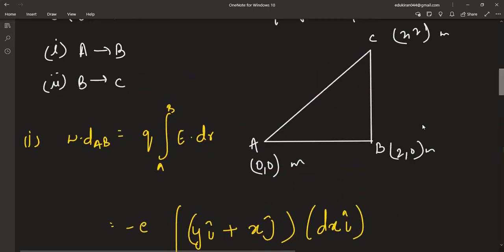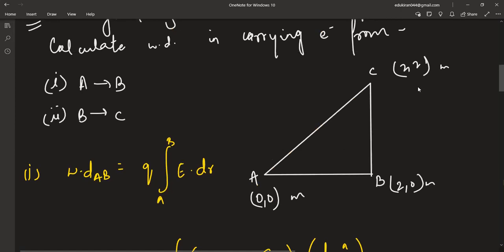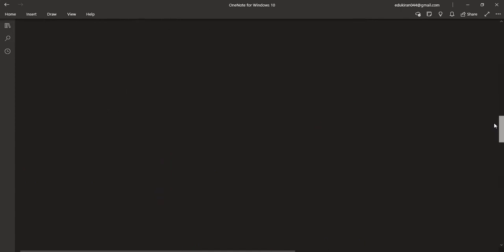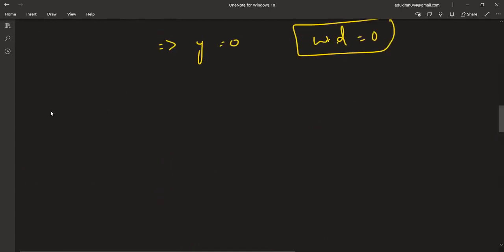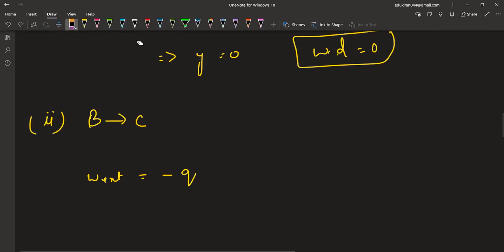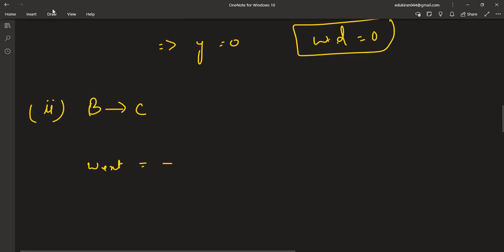Coming to the second part, from B to C, again the same thing we will do. See here. The second part is from B to C. So work done by the external force will again be minus q, or we can write it as minus e as well. Minus e, the electronic charge, integrating.